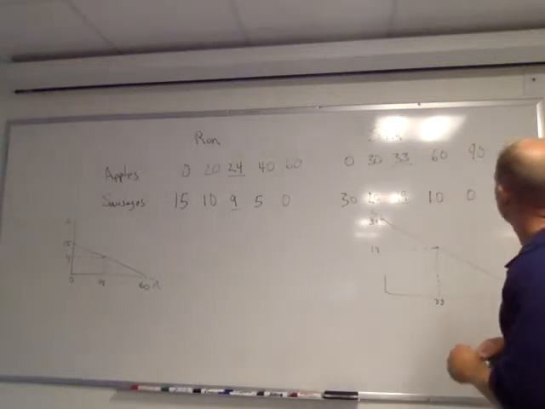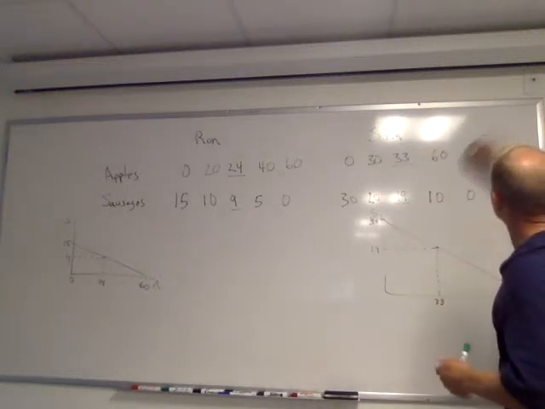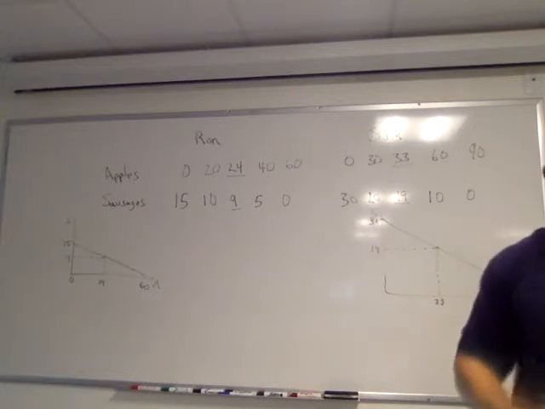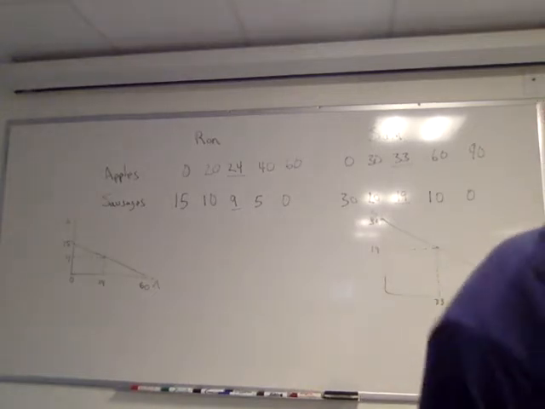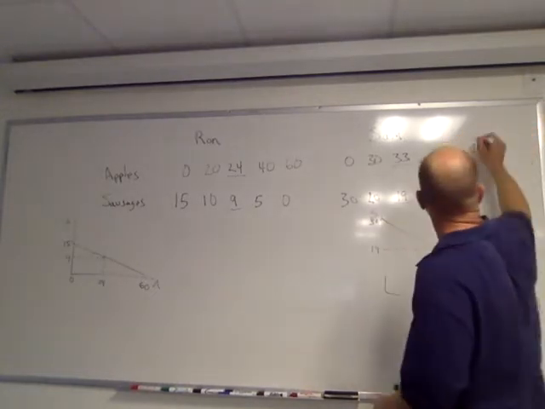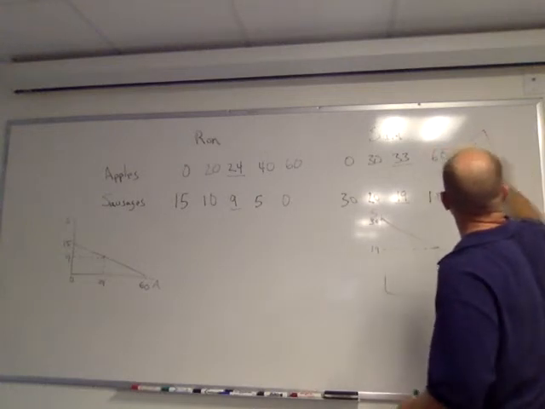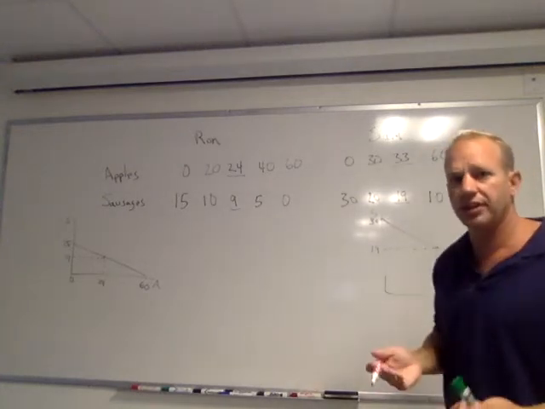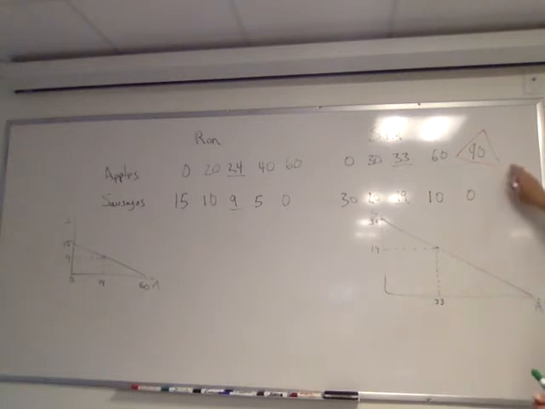So I'm going to put a red triangle around it, because a triangle looks like an A for absolute advantage. So right there, the fact that Sam can make 90 apples tells us that he has absolute advantage in the production of apples.